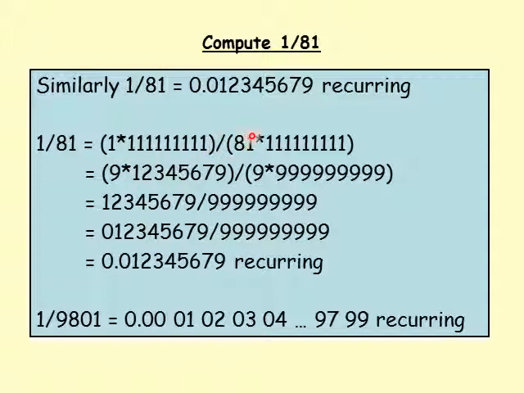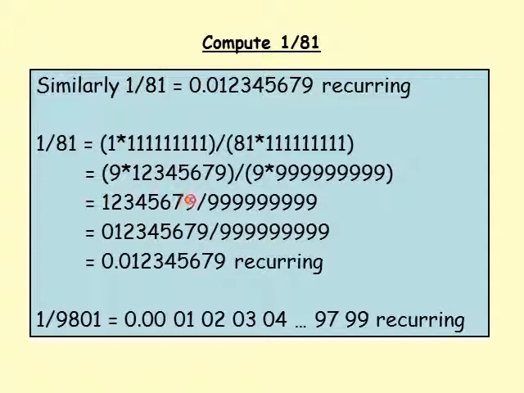In the denominator, we say 81 is 9 times 9, and one of the 9s we multiply by the sequence of 9 ones. When we multiply a sequence of 9 ones by 9, we get a sequence of 9 nines. This 9 and this 9 cancel out, so we are left with 1, 2, 3, 4, 5, 6, 7, 9 divided by a sequence of 9 nines.